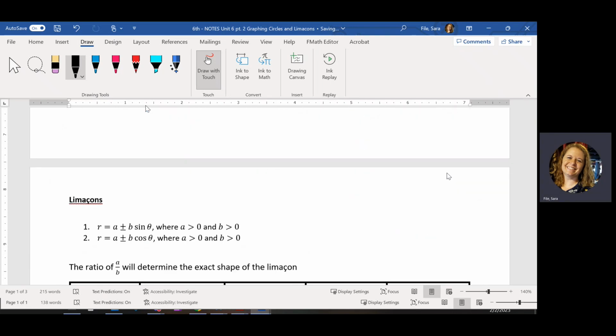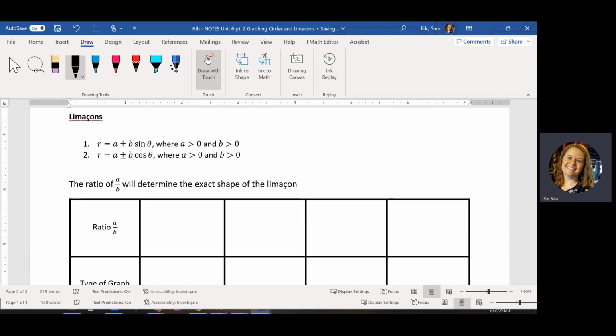All right, so here's where it starts to get a little more complicated, with limacons. In the Desmos activity yesterday, you had some equations that were graphed where you got to play with a little slider to see the A and the B change and how that changed your limacon, and what direction they went based on if it was sine or cosine, which is similar to the circles.